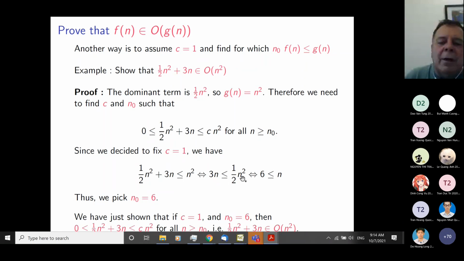So for n0 equal to 6, this expression is smaller than this one, and this is going to work. Let me try to explain this a little bit more formally.